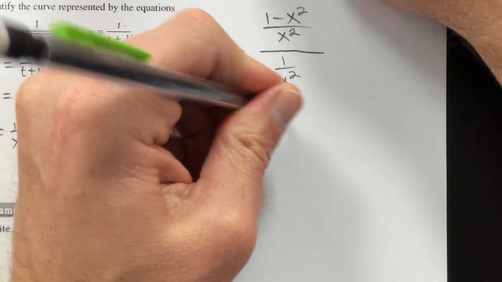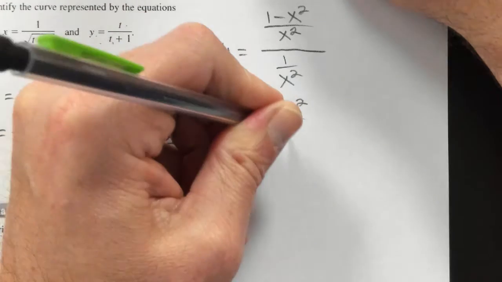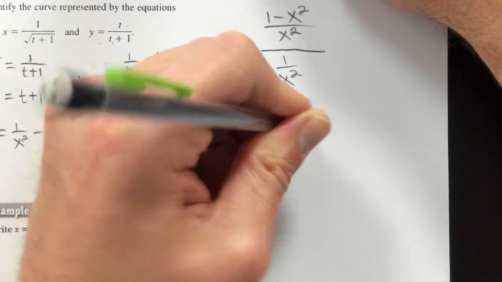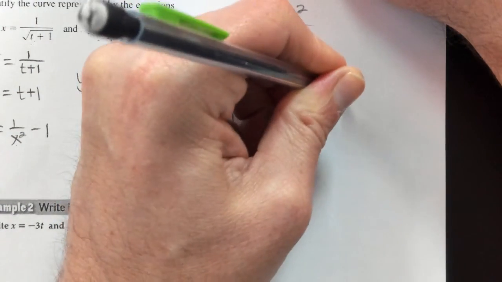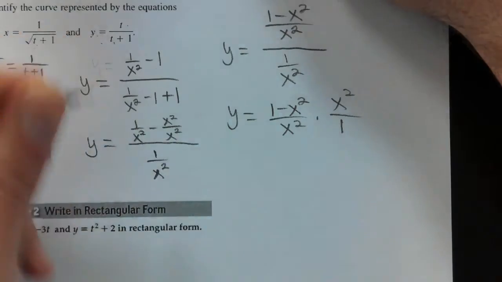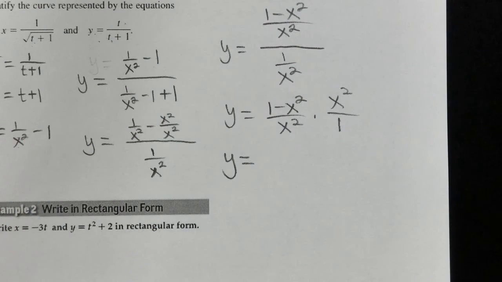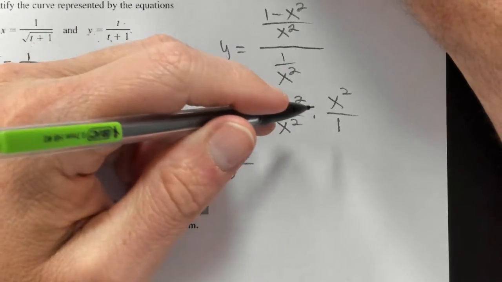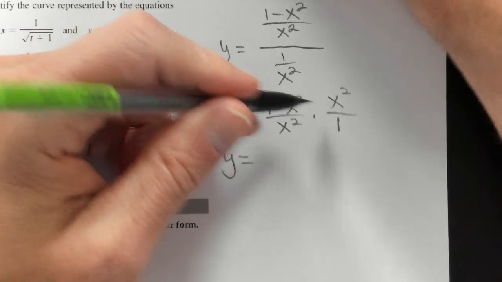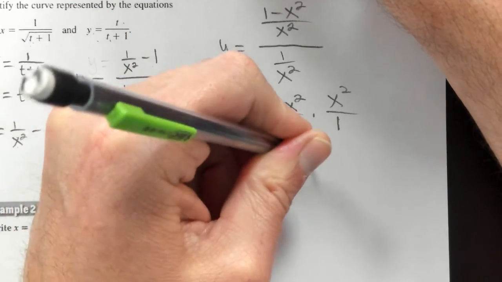So we'll go 1 minus x squared over x squared times x squared over 1. And then finishing that up, the x squared will cancel here, and that becomes 1 minus x squared over 1, which is 1 minus x squared.